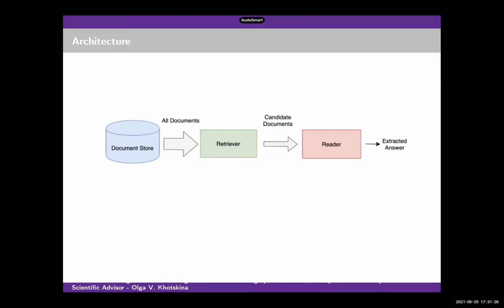And then the information goes to the reader, and the reader is basically a transformer based question answering model that is trained on SQuAD. For this we use two models, like I told you, one is RoBERTa and the other is DistilBERT. RoBERTa is also an extension of BERT, but it is trained for a longer time and with bigger batches of data.